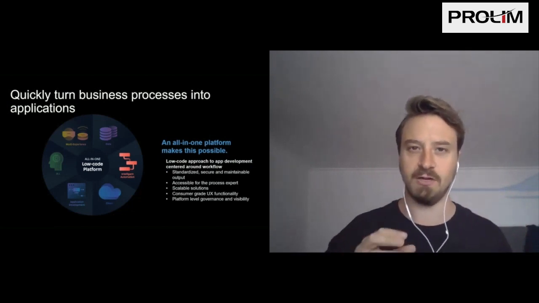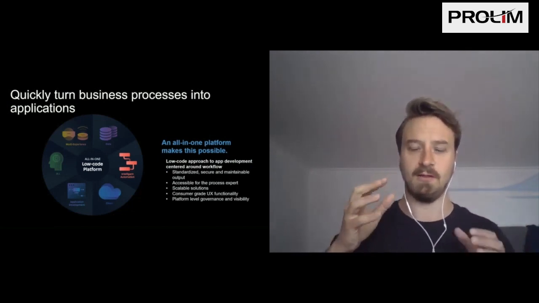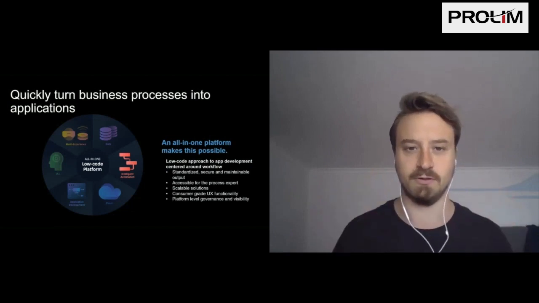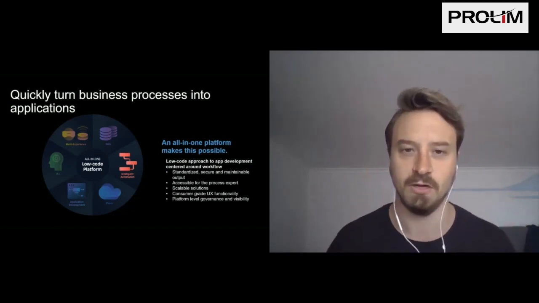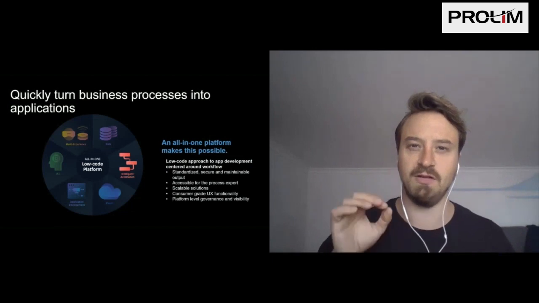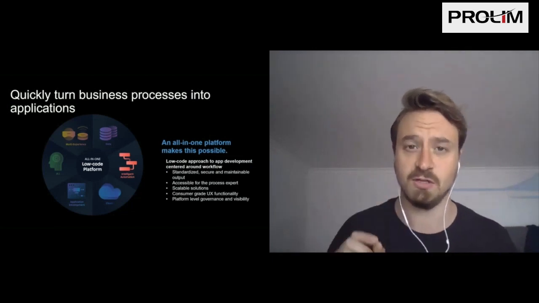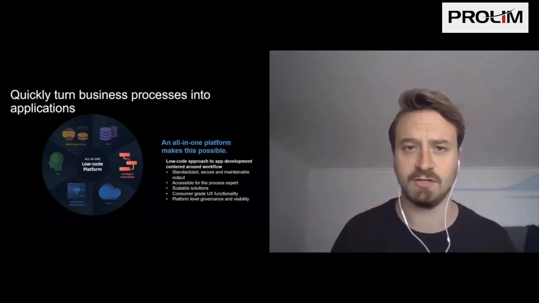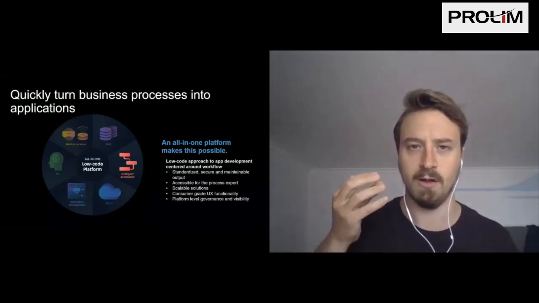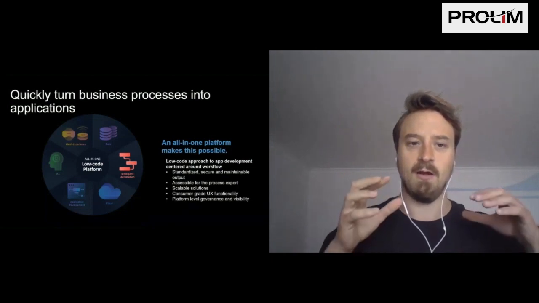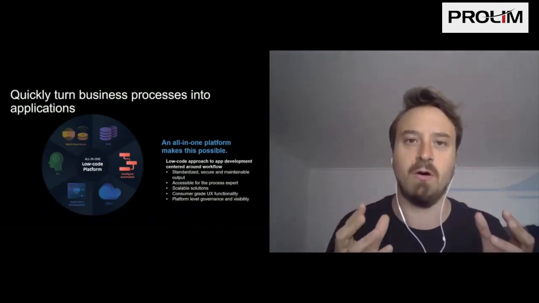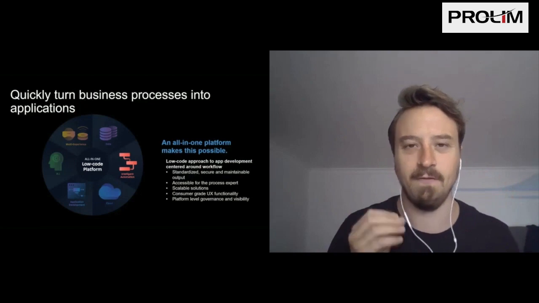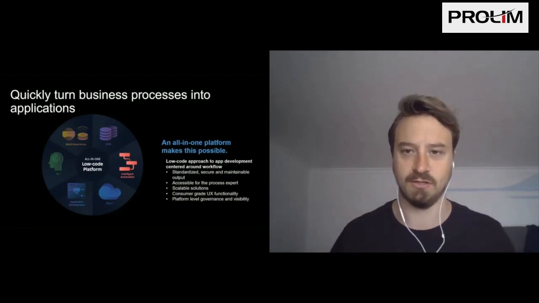Intelligent automation is the goal and the possibility that we make possible for our customers or for our prospects as well, of course. Intelligent automation means you're not just digitizing the process one-on-one, but you're going beyond. You're taking away manual and repetitive tasks and you replace them by AI, by other capabilities. And we do this with our all-in-one local platform, even if you just want to make some workflow applications.